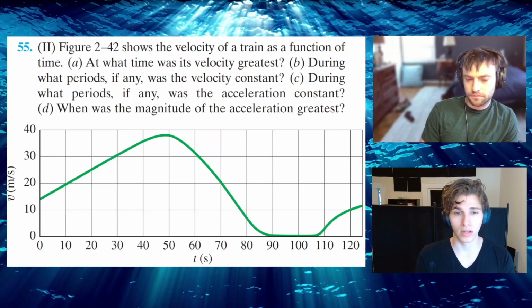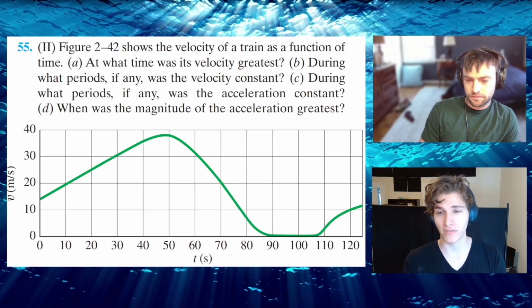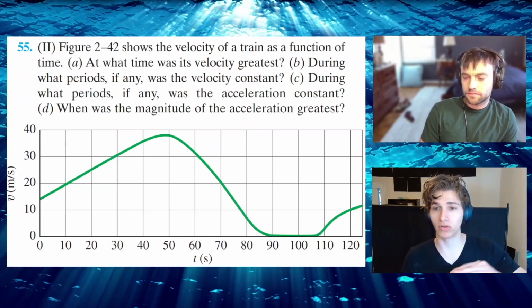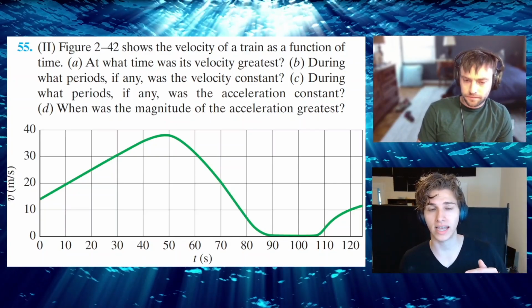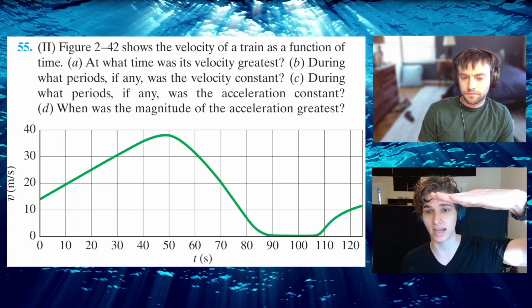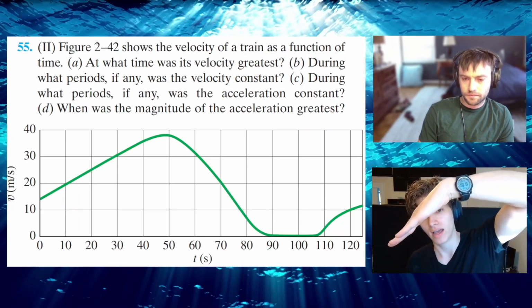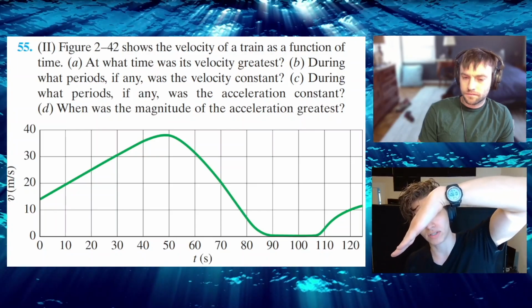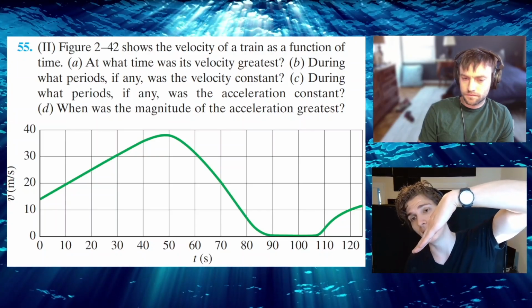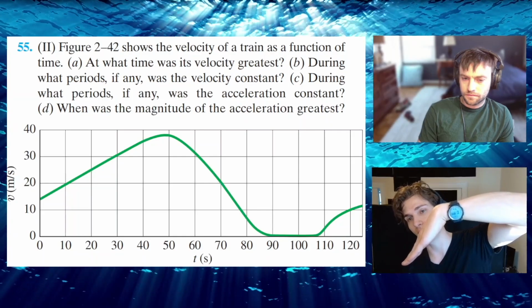So, for example, we know that at approximately 50 seconds, the acceleration is close to 0, because if we drew a tangent line across that slope, it would be pretty flat. Then it starts to dip down, and once it gets to about 70, maybe a little past 70, it's very steep in the downward direction.